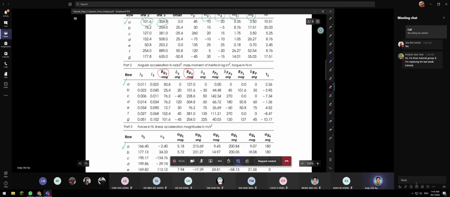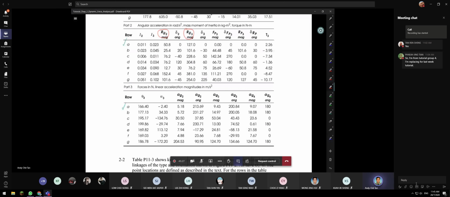In the third row, we know AG2 and we also know AG3, and we also know the angle. AG4 we also know, and we also know the direction. So this means that AG4 is here, 180 degrees.